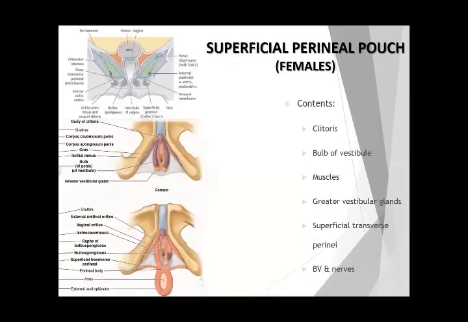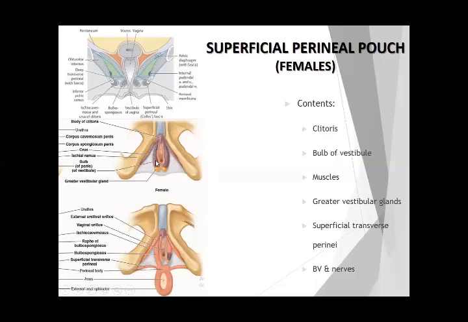Let's look at females and see what the difference in contents is. In females, once again, this is the perineal membrane, and this is the inferior view. You see it from the inferior surface. So we have the clitoris and the vestibule, the bulb of the vestibule. This is the crus.